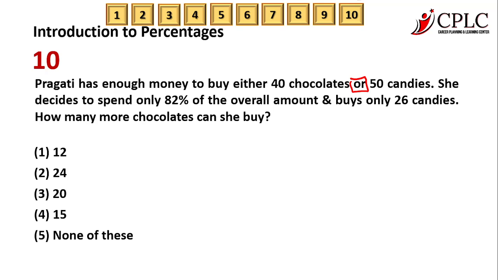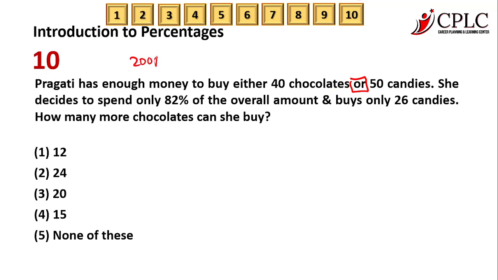Now, the way to solve this question is you can assume a number, you can assume a value of amount that she has, which makes it easier for you to understand this greatly. And one more suggestion to keep the numbers intact, what we can do is ideally while assuming the number, it should be a number which is common to both these numbers, which is 40 and 50 for that matter. So, common multiple of 40 and 50 is 200.